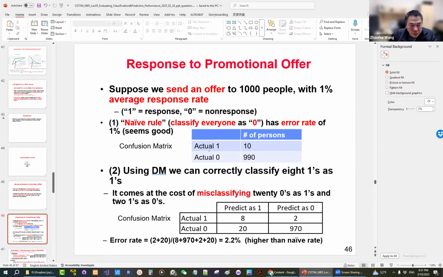Now this table shows the actual 1 class: we send out 1,000, but only 10 respond. The actual 0 class will be 990, and these 990 have no response.